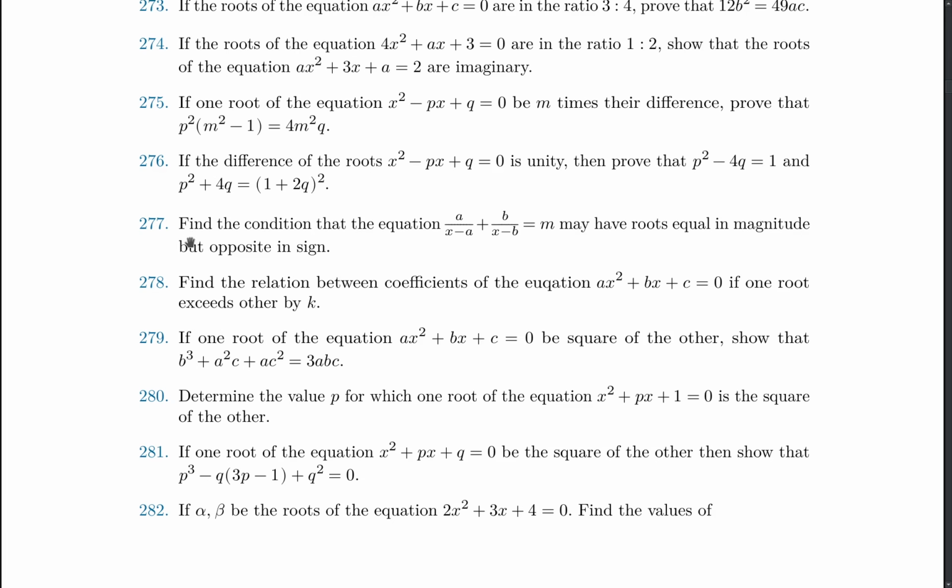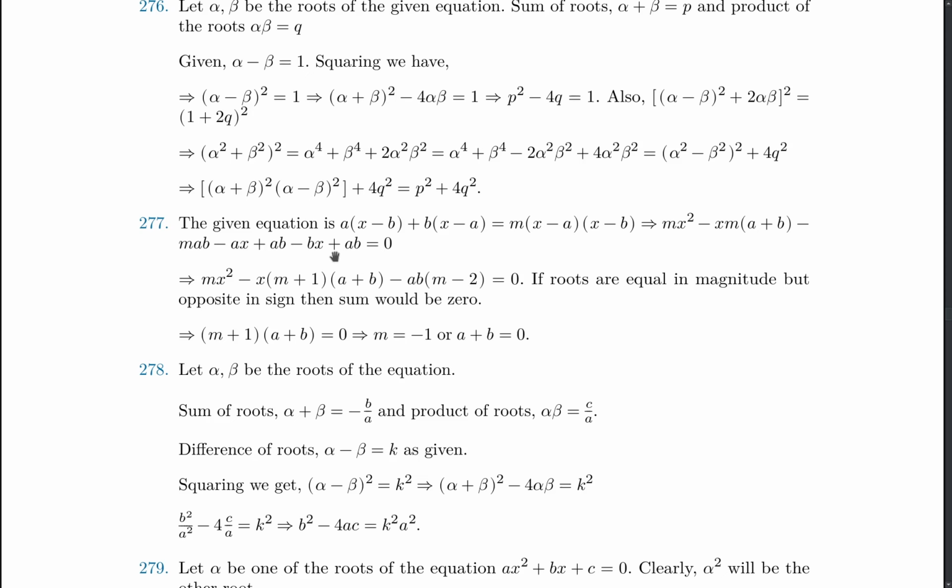Question 277 says that find the condition that the equation a by x minus a plus b by x minus b is equal to m may have roots equal in magnitude but opposite in sign. So we simplify the equation, we get mx square minus xm into a plus b minus mab minus ax plus ab minus bx plus ab is equal to 0.